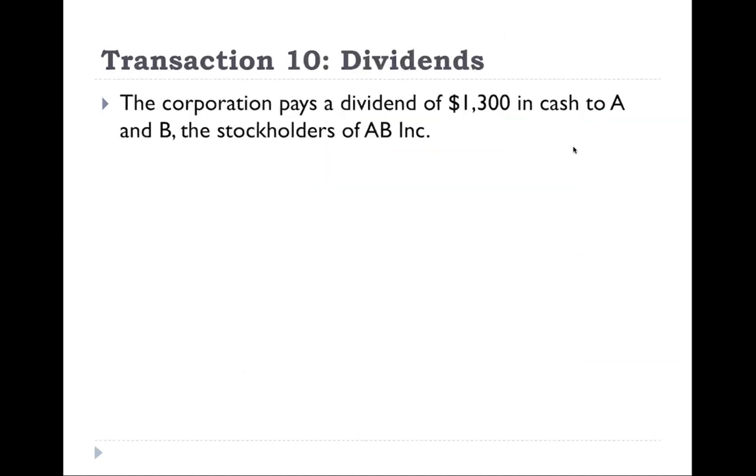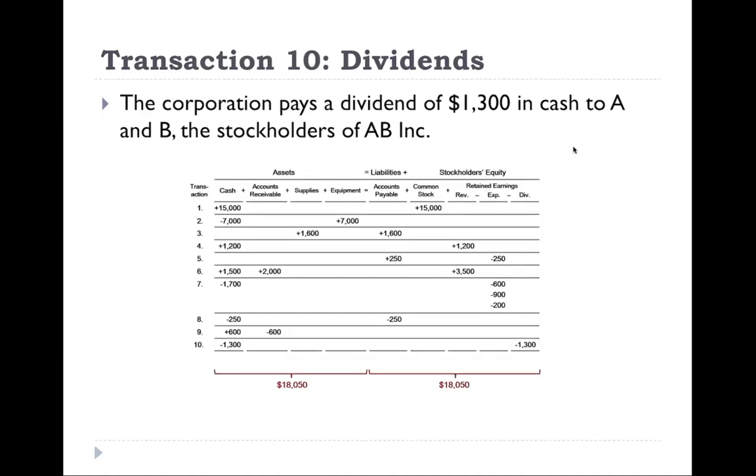The next one, dividend. The company pays out dividends of 1,300 in cash. How does this affect the accounting equation? So the firm paid out dividends in cash.